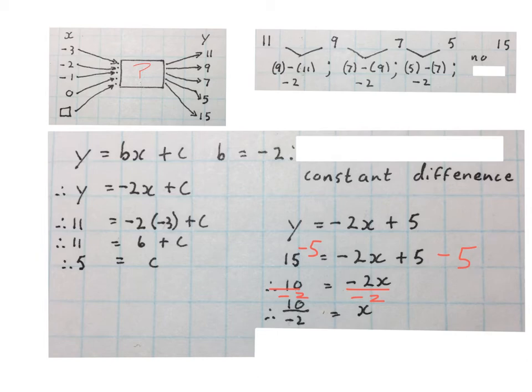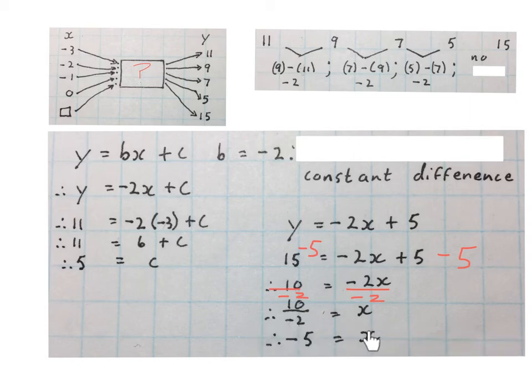You divide by minus 2 on both sides to get the x alone. You get x equals 10 over minus 2. You get x equals minus 5. So an input value of minus 5 over there, working with this relationship, gives me an output value of 15. Please stop the video and get your brain around this one.